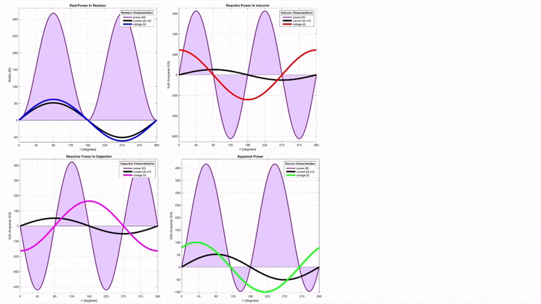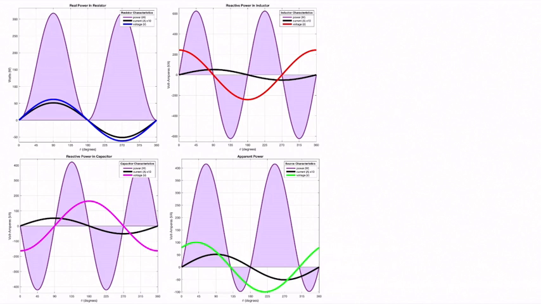For the current, the scale is multiplied by 10 because the current is actually 10 times smaller than this. The x-axis is, of course, theta. And you see in this curve that the waveform for the power is purely dissipative. It's only along the positive y-axis.